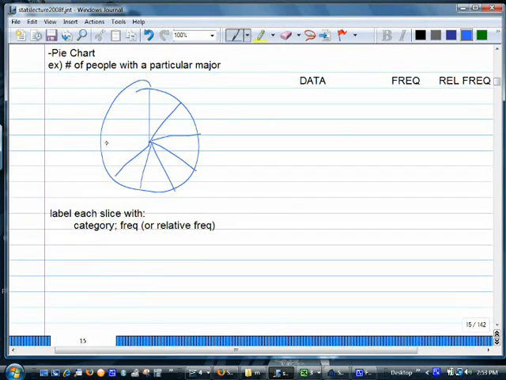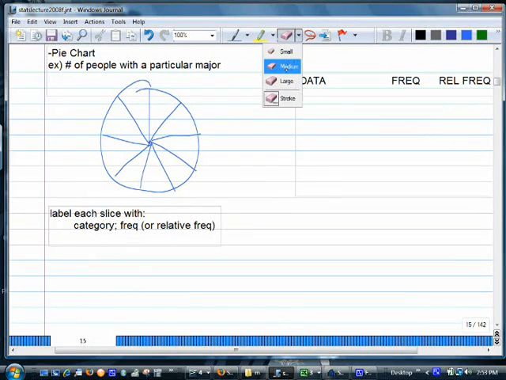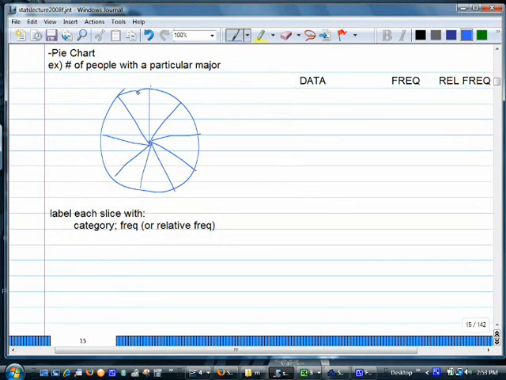Okay. All right, so now what do I have to do? So what do I label? How do I do this? It's 22%. Okay. So which one is accounting? Accounting gets a big slice, and that's 22%.